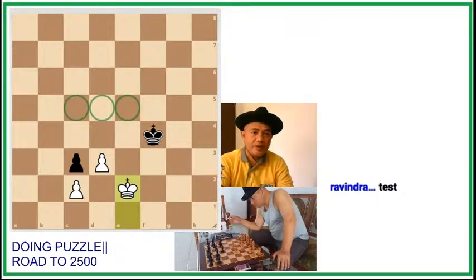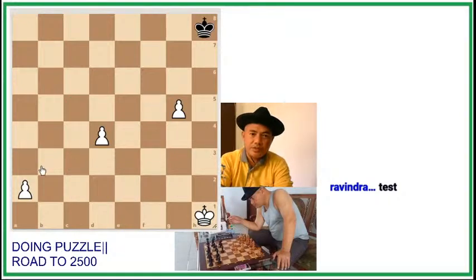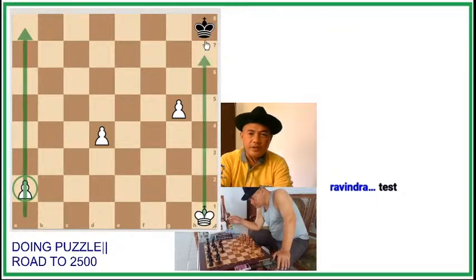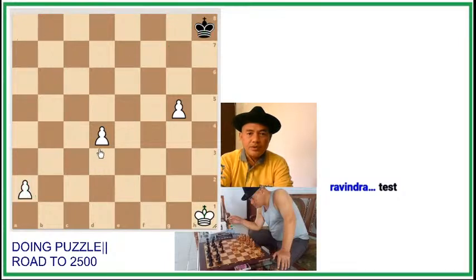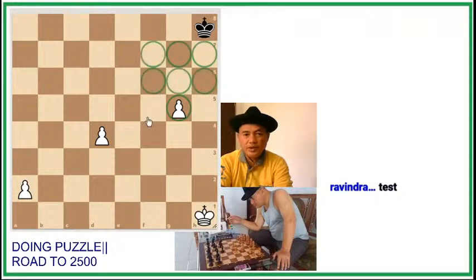I will remind you once more about the key square. When the pawn is on the A file or H file, the key square is here. When the pawn is on the fourth rank, like this, the key square is here. When the pawn is on the fifth rank, the key square is not only on the seventh rank but also on the sixth rank.